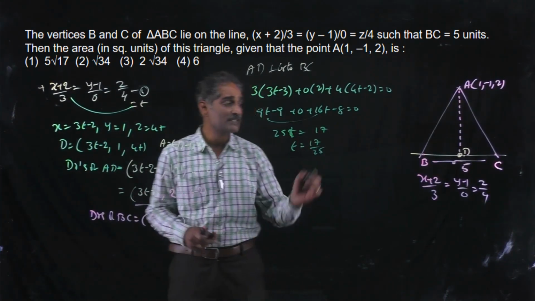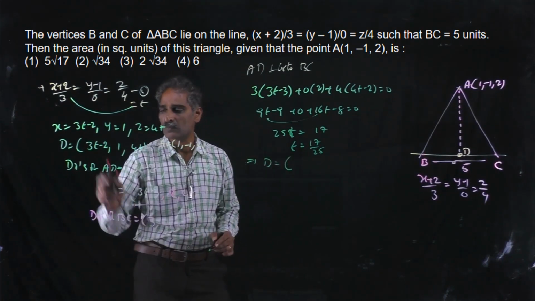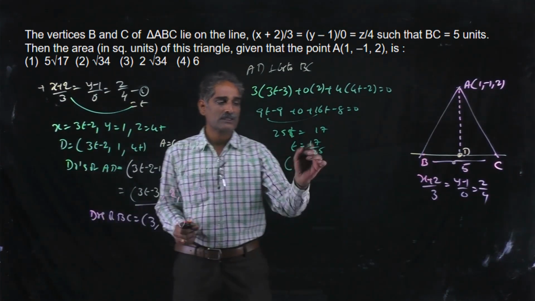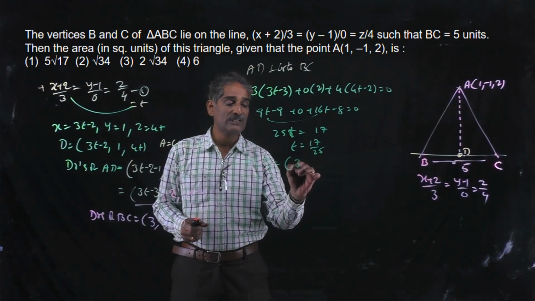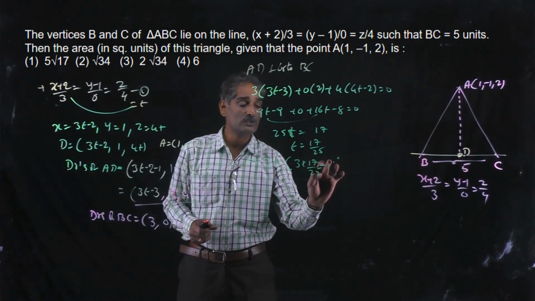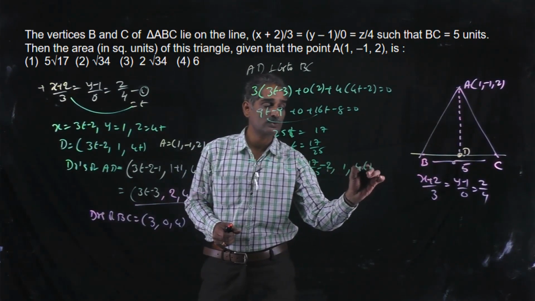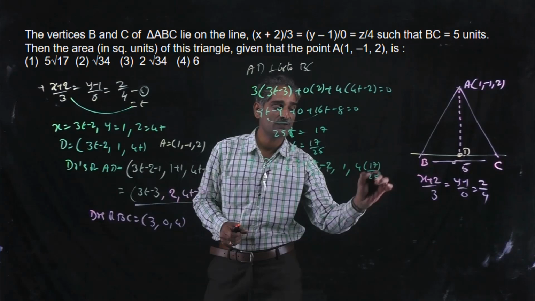Now the coordinates of D. Therefore, D is equal to, with t equals 17 by 25, 3 into 17 by 25 minus 2, 1, 4 into 17 by 25.